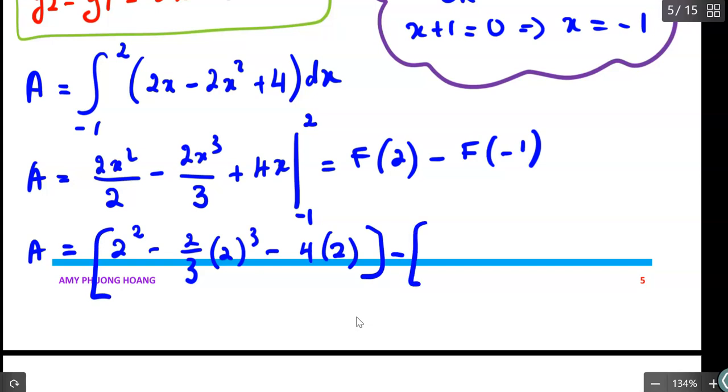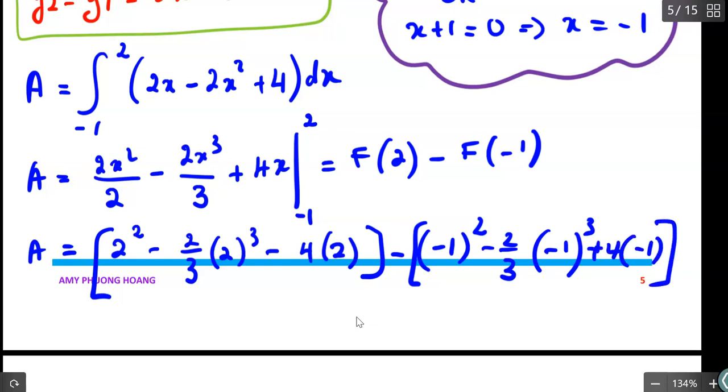Subtract this with minus 1 squared, minus 2/3 times minus 1 to the exponent 3, plus 4 times minus 1, close the bracket. So this is my f of 2 and this is my f of minus 1.